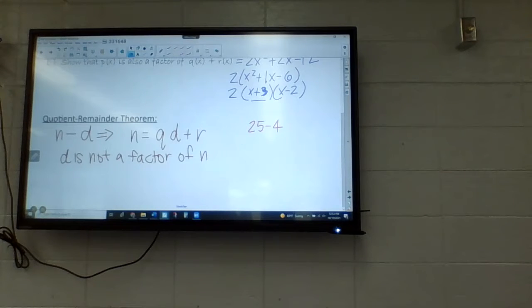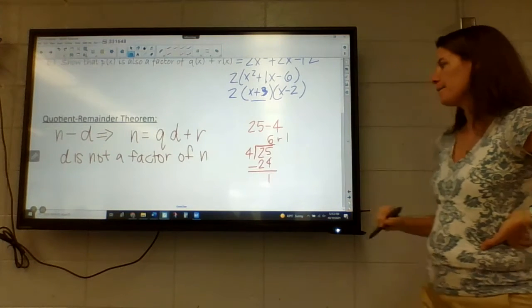So if you would have done this when you did long division, remember dividing this way? 4 goes into 25 6 times, right? And then what's our remainder? 1. So we used to write it like that.